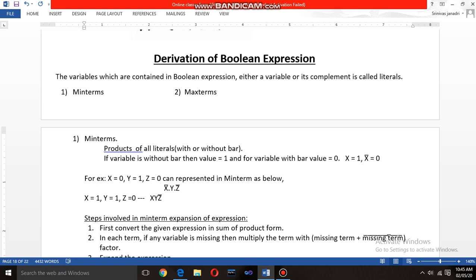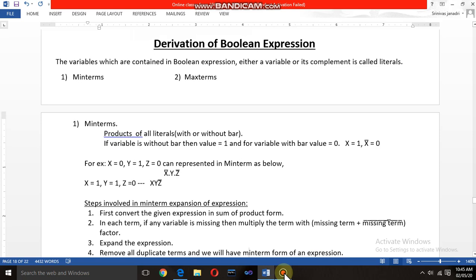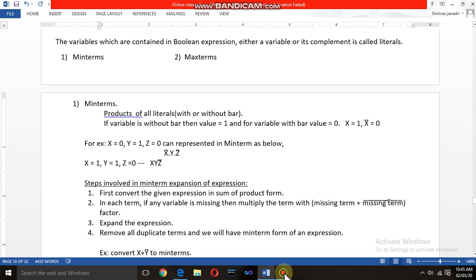Here are the steps involved in min term expansion of an expression, where this is a single term. The given expression is converted into the min term format. First, convert the given expression into sum of products form.